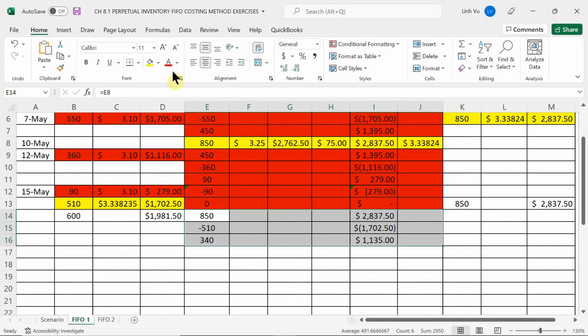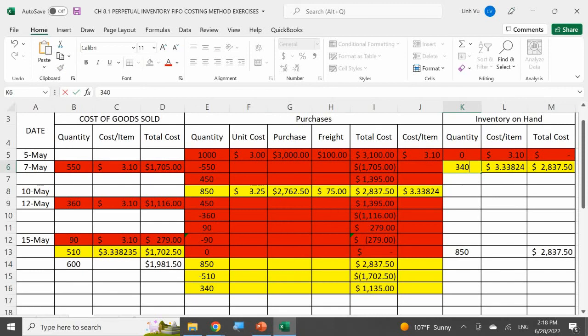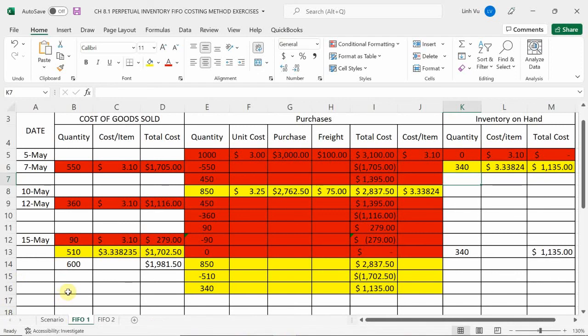Okay, this is my yellow batch of inventory. So that means I should have 340 units left at $1,135 even. Okay, so I have an ending balance of 340. All right, good so far? Yep.